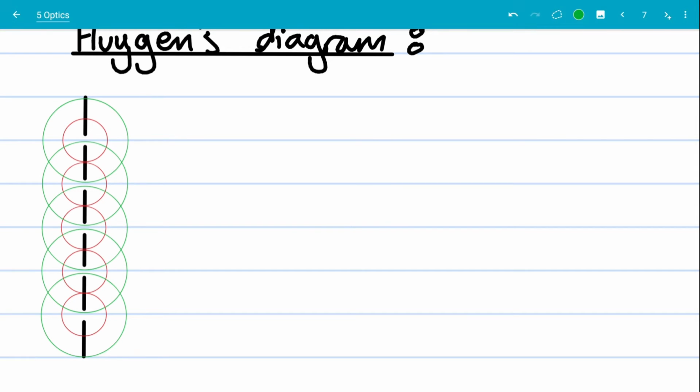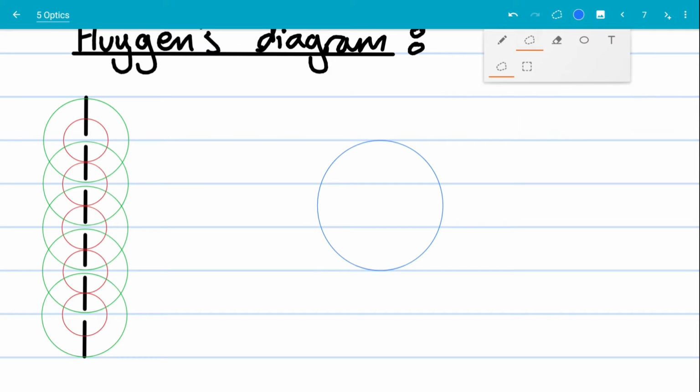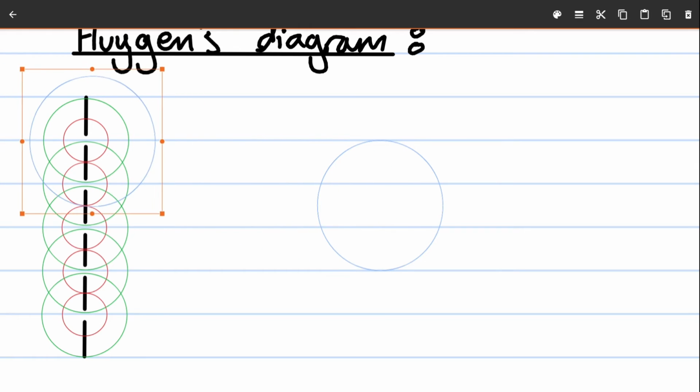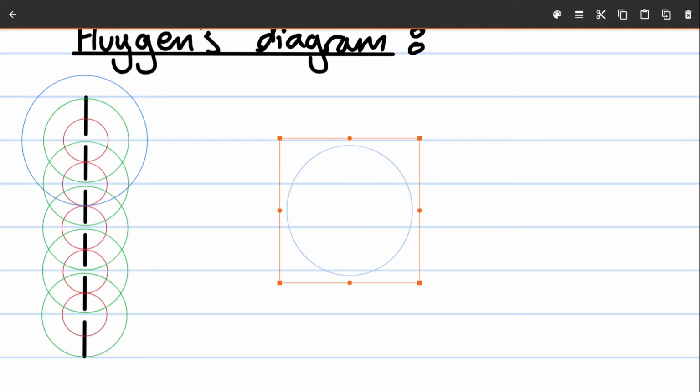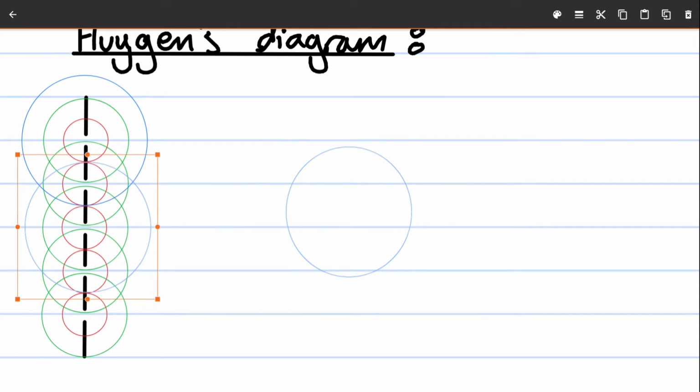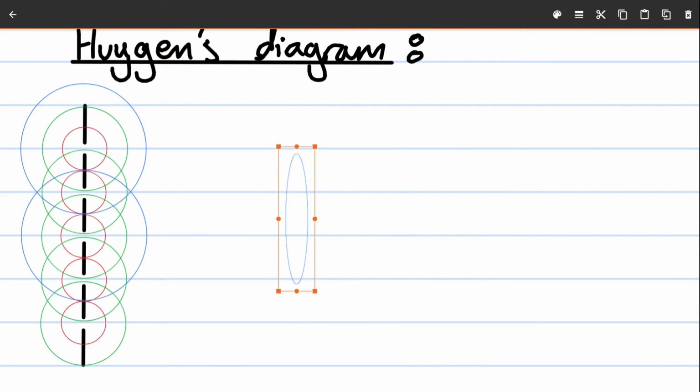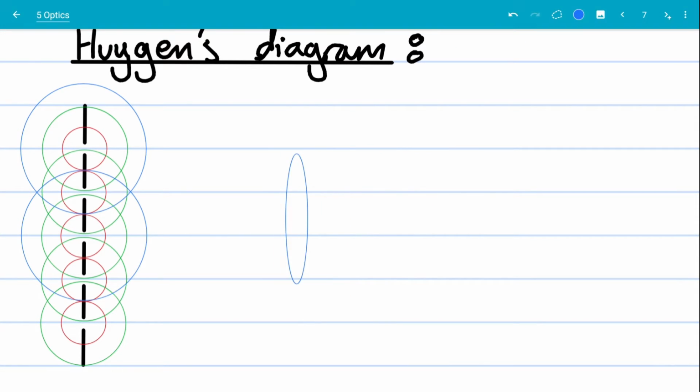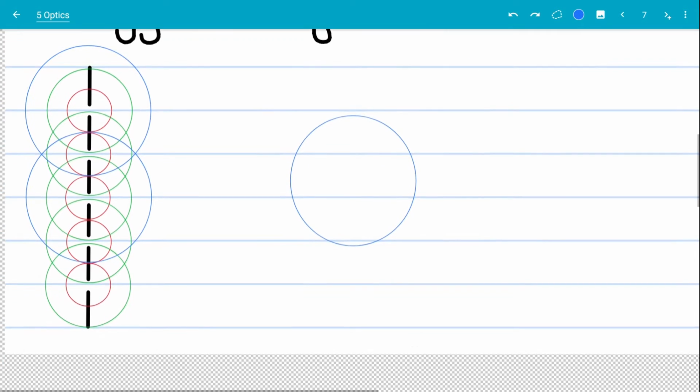So we've done red, we've done green, let's do blue. And this is going to be the next time period later. So remember, each of these wavefronts, or these wavelets, is drawn one time period after the one before. So there it is. So the distance between adjacent wavefronts should be equal to one wavelength.